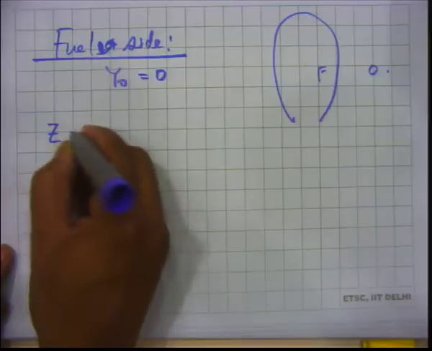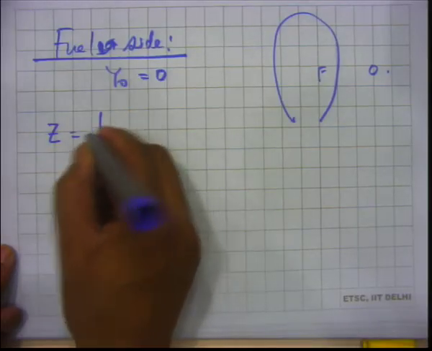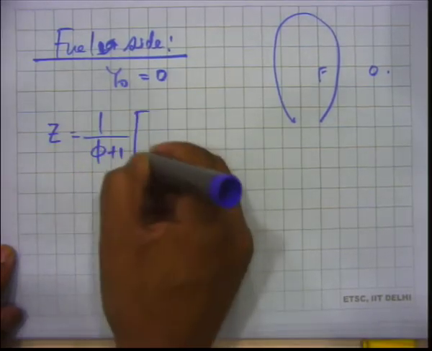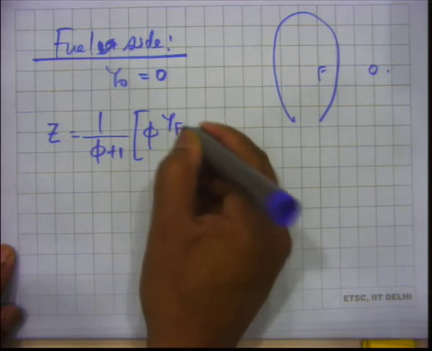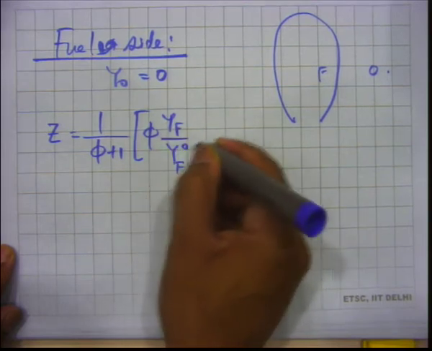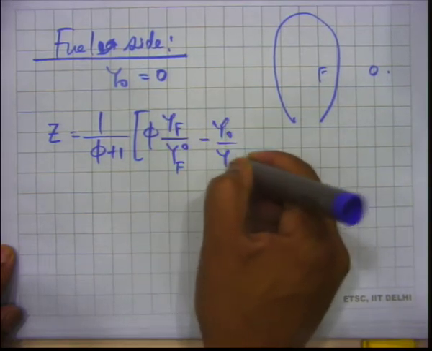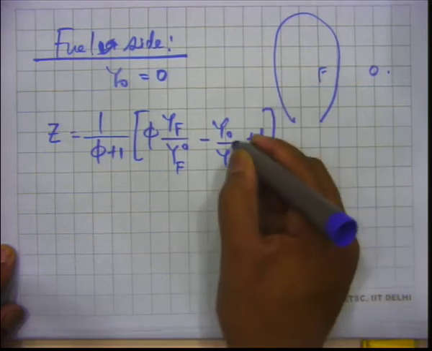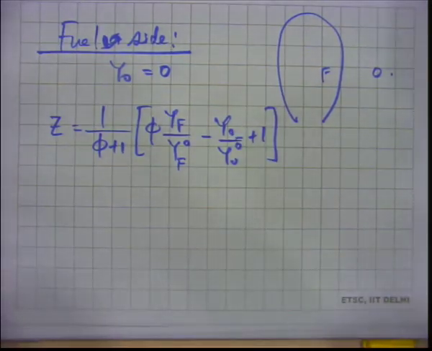We have an expression for Z. So, that Z is 1 over 5 plus 1, this is the expression for Z1, where I have actually just brought in phi, the equivalence ratio.